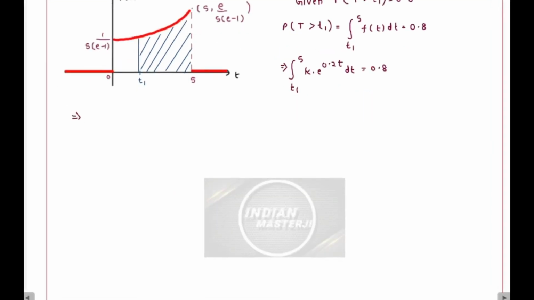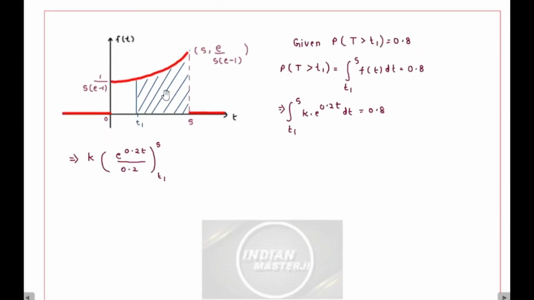So this means if I integrate this one again, what I'll get? I'll get e raised to 0.2 t upon 0.2, and the limit is from t1 to 5. I'm not supposed to take the rest of the values, because I'm talking about only this particular interval, this particular region which represents 80%.